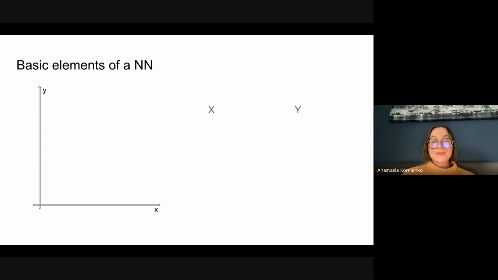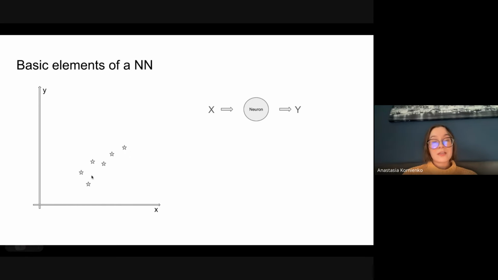So how do we transform X into Y? Here we need this element, the neuron or node of a neural network. How does a neuron transform X into Y? As you can see, it has some shape, its function, and using some function, we get some results.